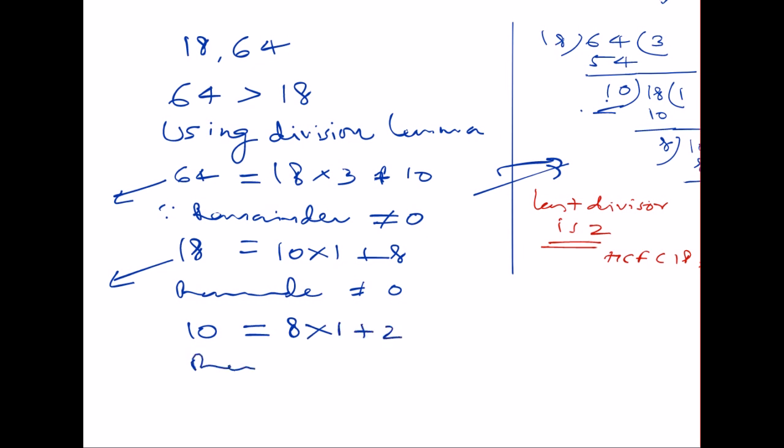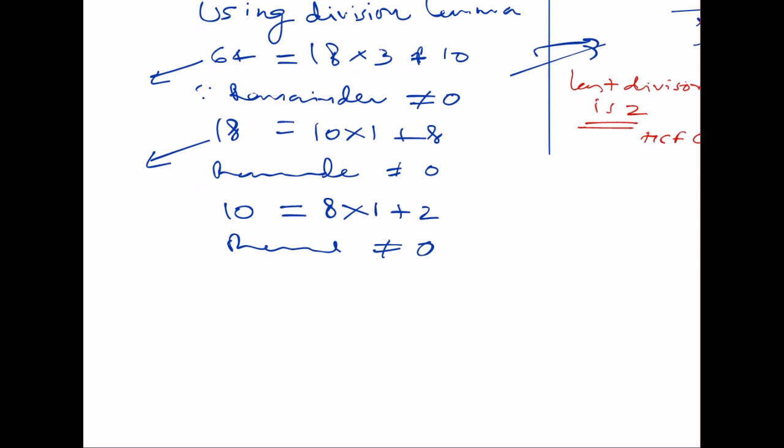Guys, again the remainder is not equal to 0. So we have to go to the next step by sending this gentleman 10 away and inviting 8 in its place and asking 2 to become the new divisor. So here 2 fours are 8 plus 0. So that's all.